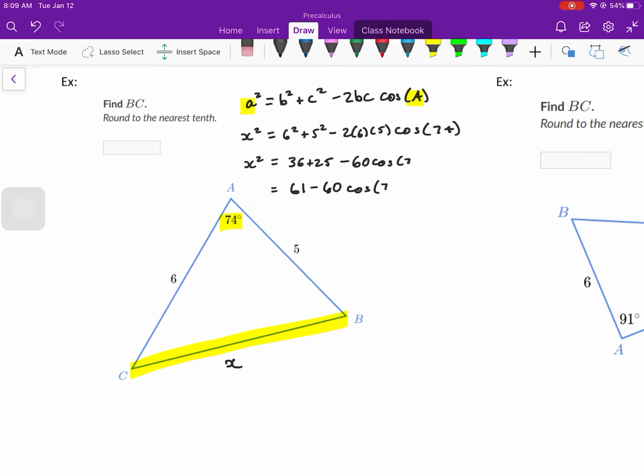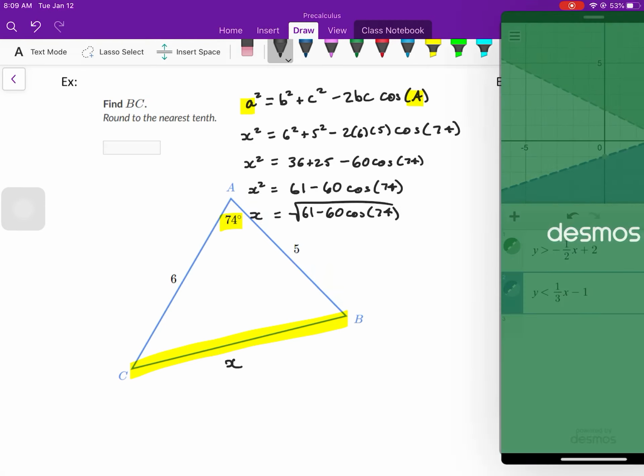I put 75 there for some reason. And that's what x squared equals, so we'll square root both sides. Usually we put plus or minus, but we're talking about a side length here, so we're just going to have it positive. And that's going to be your answer rounded to the nearest tenth.